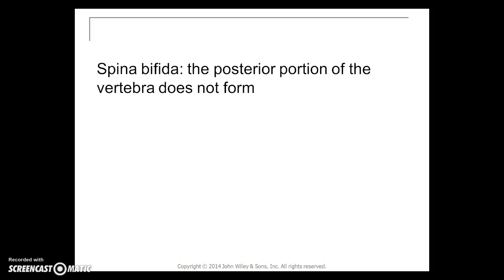The posterior part of the vertebrae does not form, and bifid, bi means two, so bifid means in two parts. So the vertebra does not form all the way around the spinal cord. There are two parts to it that have not completely closed around the spinal cord.